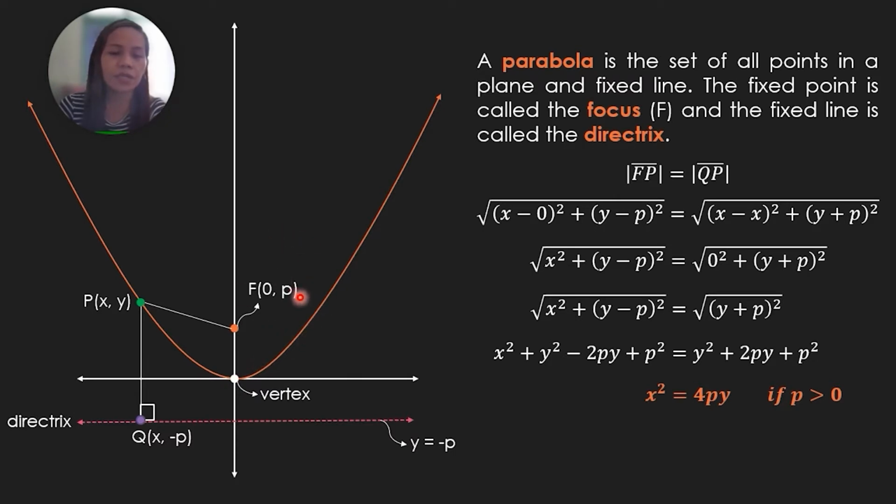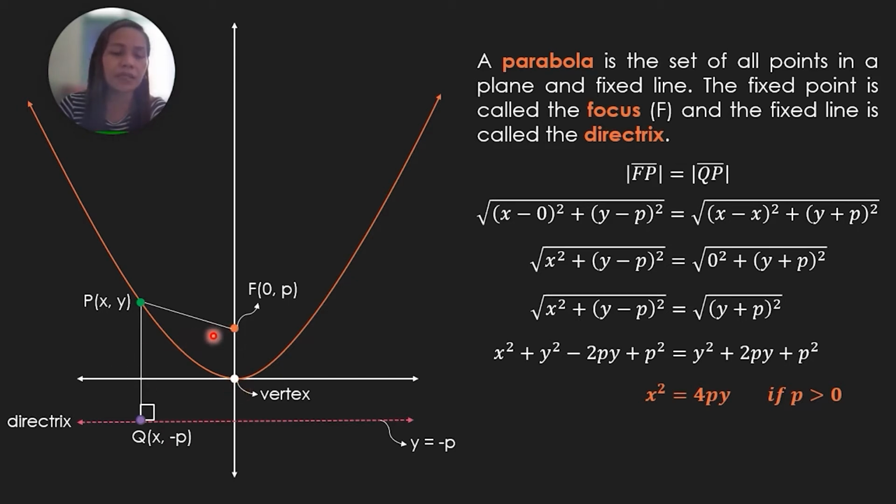That is why you could see here, if this is p, this would be negative p. So if your p is 5, that means your directrix is in the opposite direction, meaning from the vertex, you go down 5 units. So that is the relationship of the focus and the directrix with respect to our vertex.